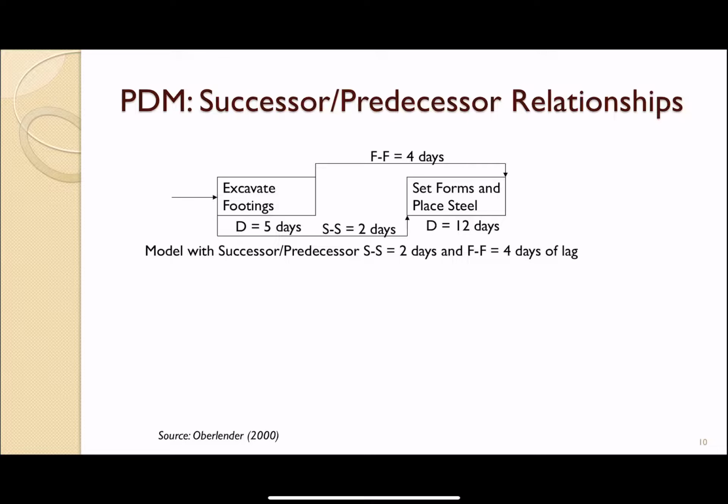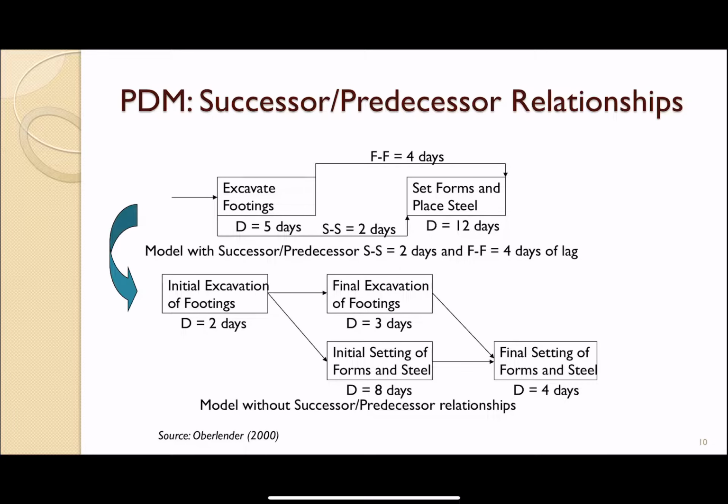This one you can model different ways: initial excavation, final excavation, initial setting forms for steel, so that instead of 2 relationships, you have finish to start. You can poorly model that schedule with the finish to start relationship.